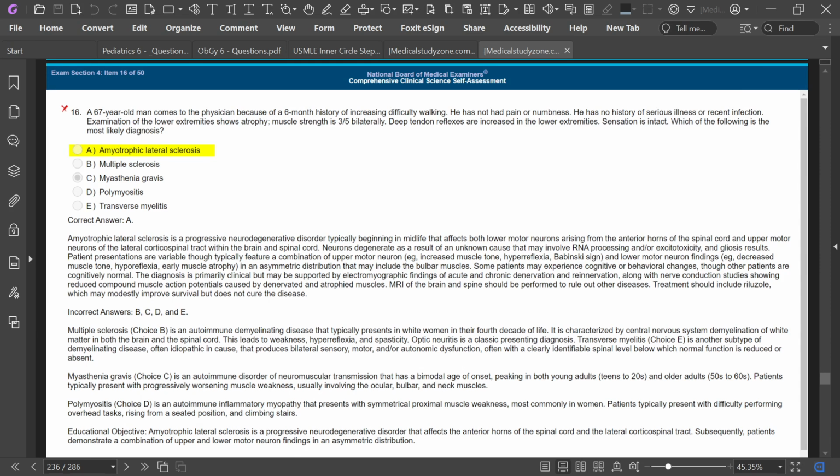In amyotrophic lateral sclerosis, respiratory failure may be the cause of death. So we do spirometry to see the respiratory rate or FEV1. I think it's spirometry.